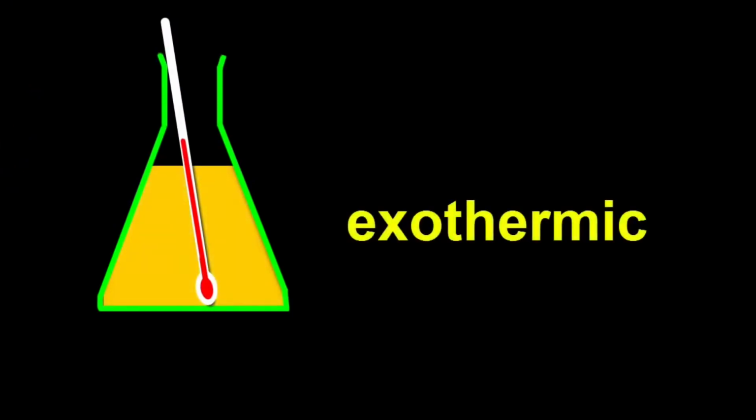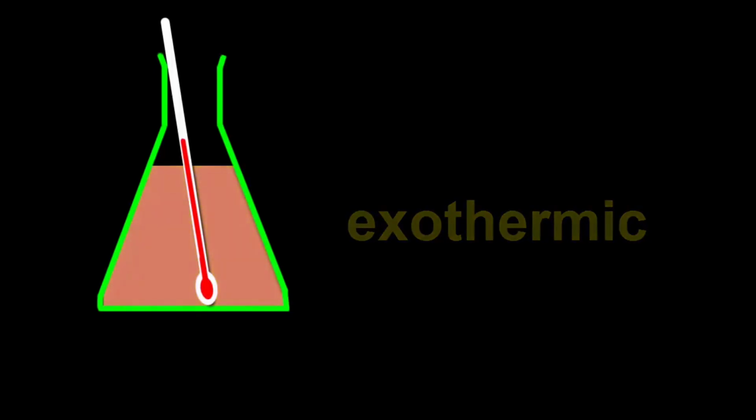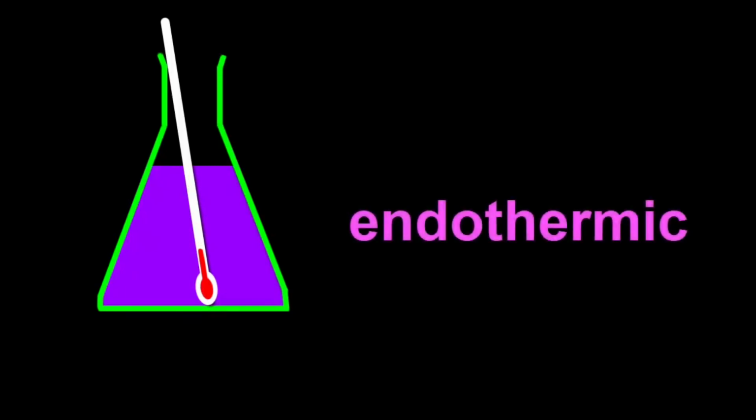A reaction that releases energy is called exothermic. If the bonds absorb energy, this is pulled out of the surroundings and cools them down. A thermometer shows a falling temperature instead. A reaction that absorbs energy is called endothermic.